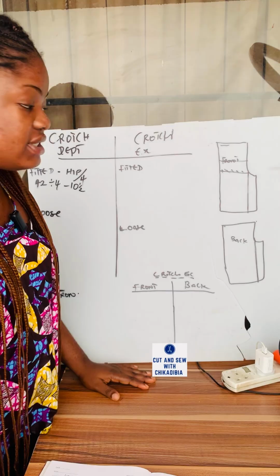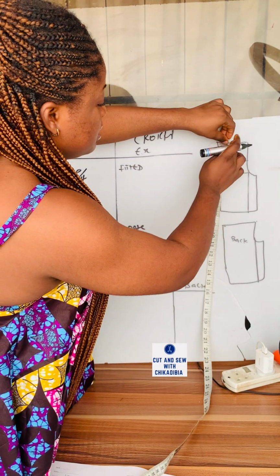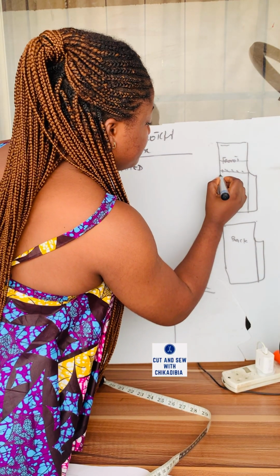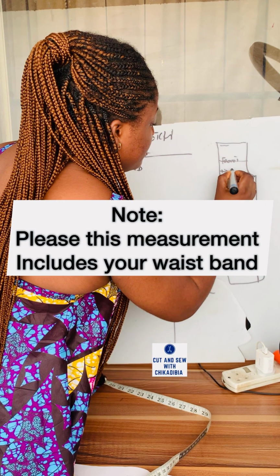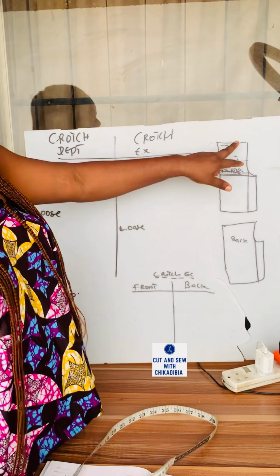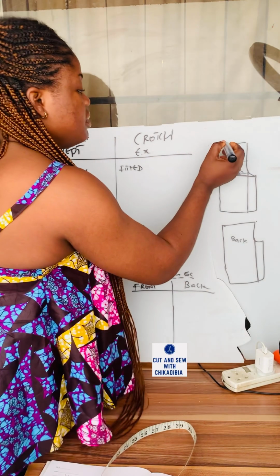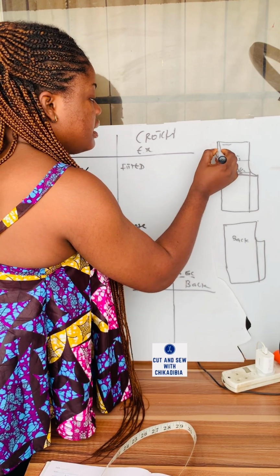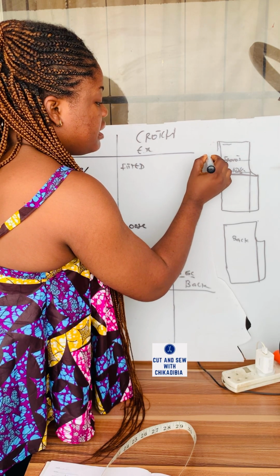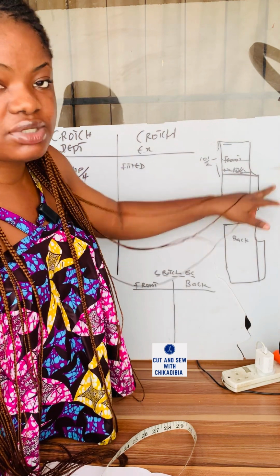For a fitted pant, I am going to just place my tape like this and mark the distance from here to here as 10.5, 10 and a half. Okay, for a fitted pant. So the distance from here to here, from your waist to your crotch depth, is 10 and a half. That is where you're going to mark your crotch depth.